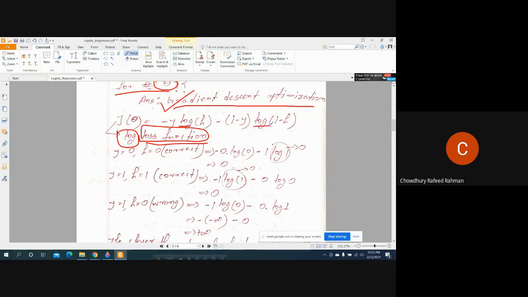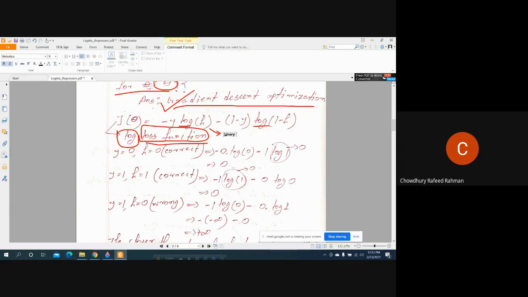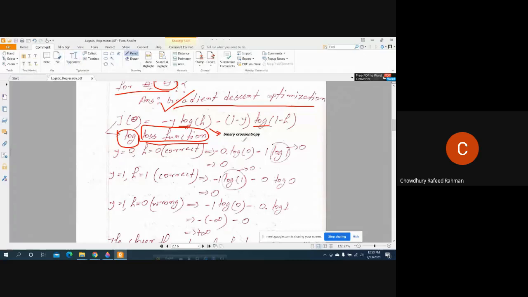That is why the name is log loss, and there is nothing surprising about it. This function has one other name, and it is very commonly used in the deep learning field: binary cross entropy. Has anyone heard this name before? Binary cross entropy. Okay, not to worry. The name of this loss function is binary cross entropy.